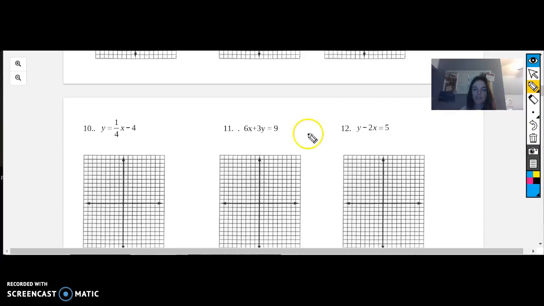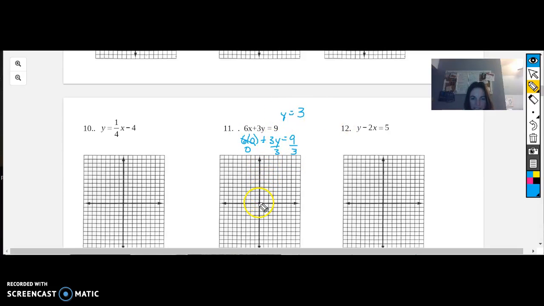So to find intercepts, I simply plug 0 in for x, so 6 times 0 plus 3 times y equals 9. So I can solve for y by dividing both sides by 3, because this just goes to 0. So y equals 3.